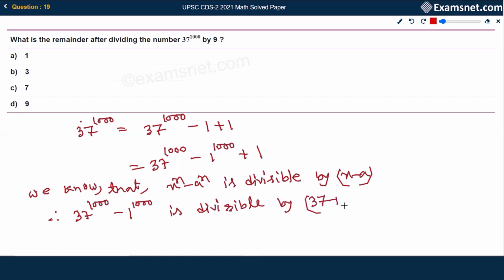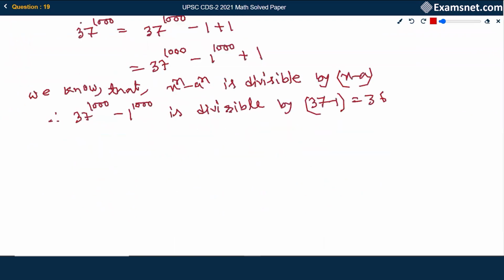So 37 minus 1, that is 36. The number is divisible by 36, correct? Also 36 is divisible by 9. We all know that. Therefore, it is divisible by 9, correct?